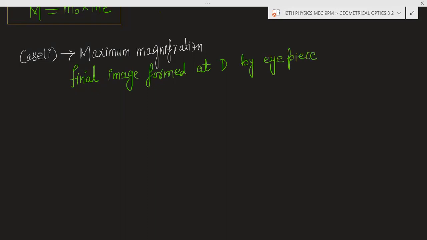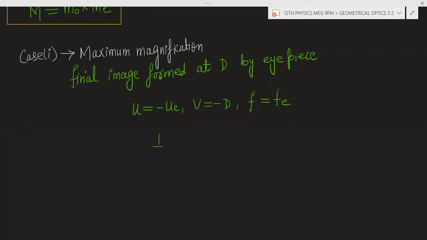Because finally the image is formed by the eyepiece, na? So the object distance of the eyepiece will be this, the image distance will be this, and the focal length of the eyepiece will be the focal length of the eyepiece.